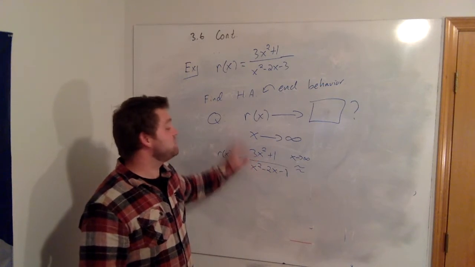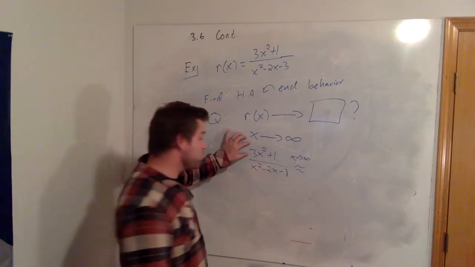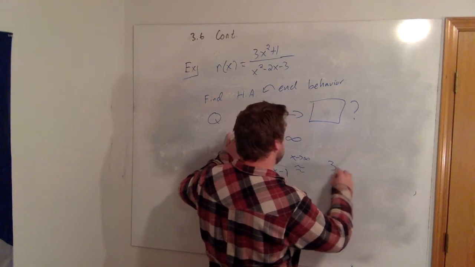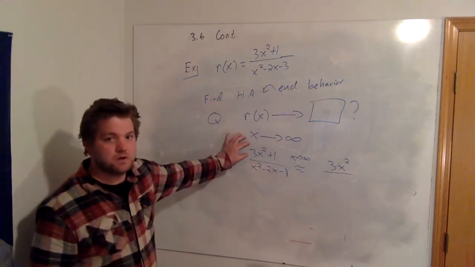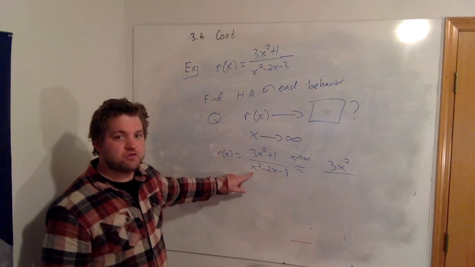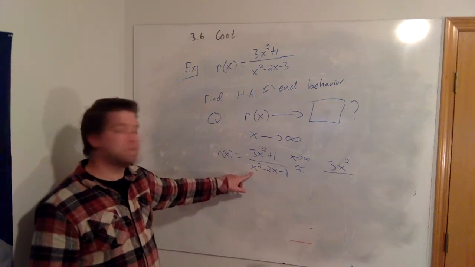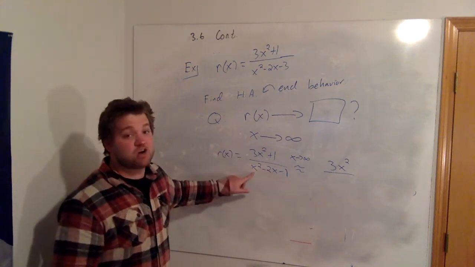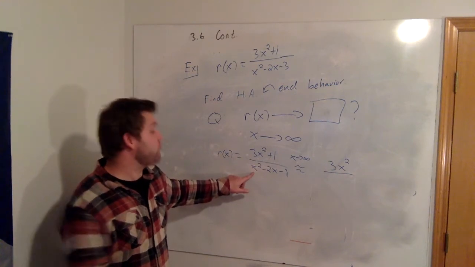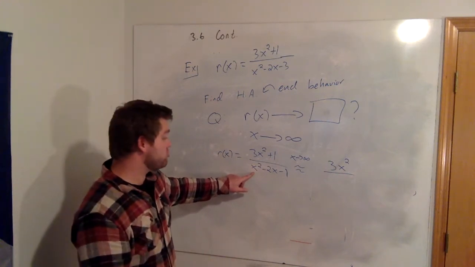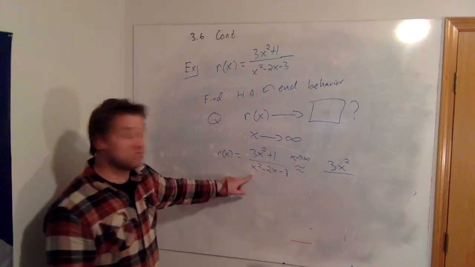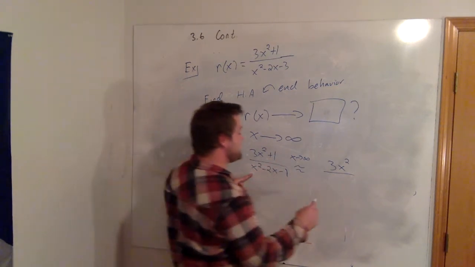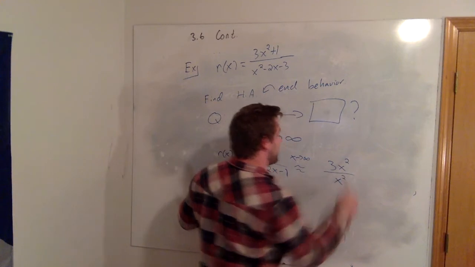So as x gets really big, the numerator is going to look a lot like the leading term, 3x squared. And what's the bottom going to do? Well, as x is getting really big, its leading term will dominate. The x squared term will be a lot larger than the negative 2x minus 3. So as x gets really big, the denominator is going to look a lot like x squared.